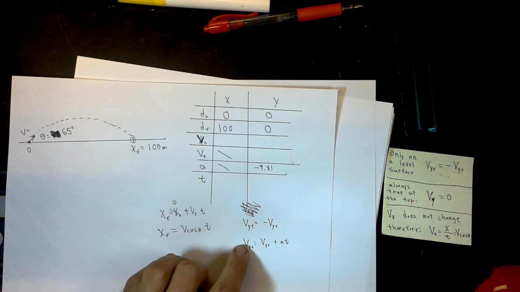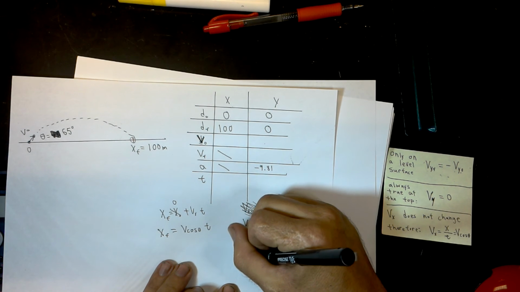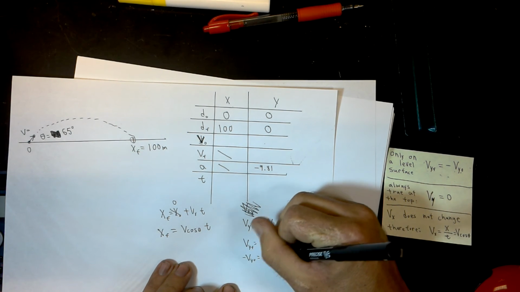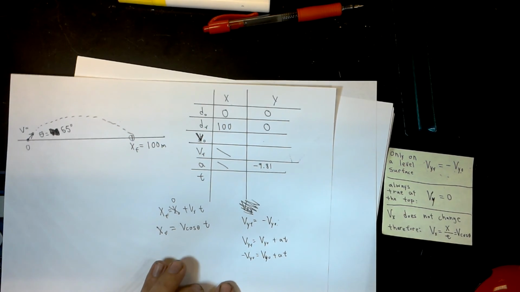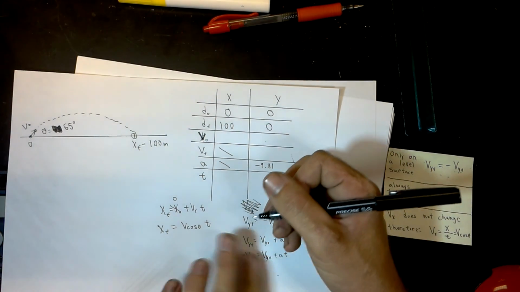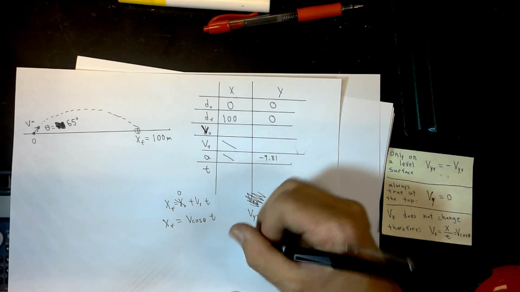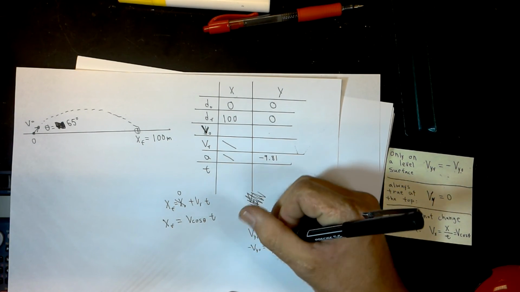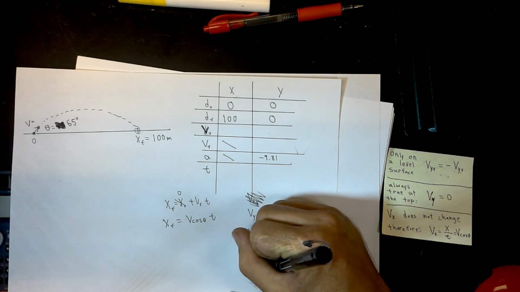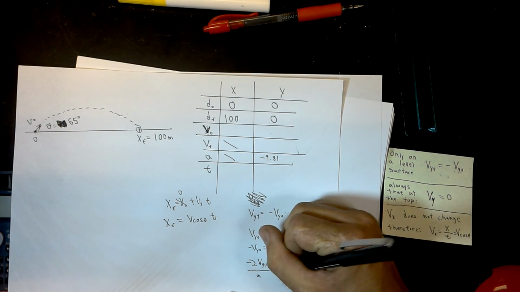Since this is equal to negative v of y initial, I can replace it: negative v of y initial equals v of y initial plus acceleration multiplied by time. And I'm going to solve this for the amount of time as well. Subtracting this over to the other side gives me negative 2 vy initial divided by the acceleration equals the amount of time.